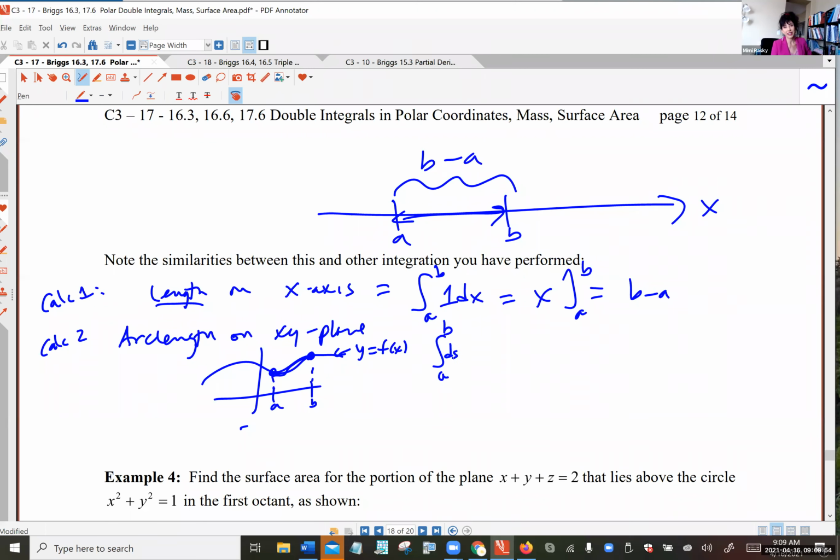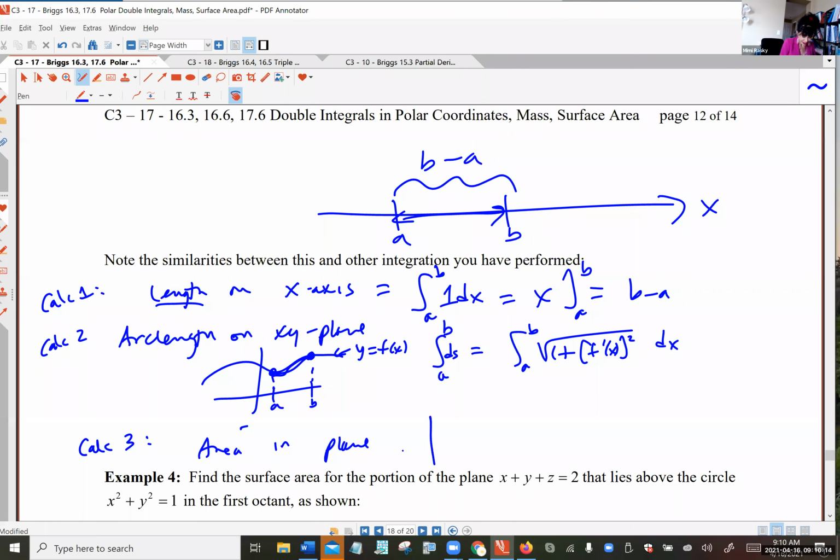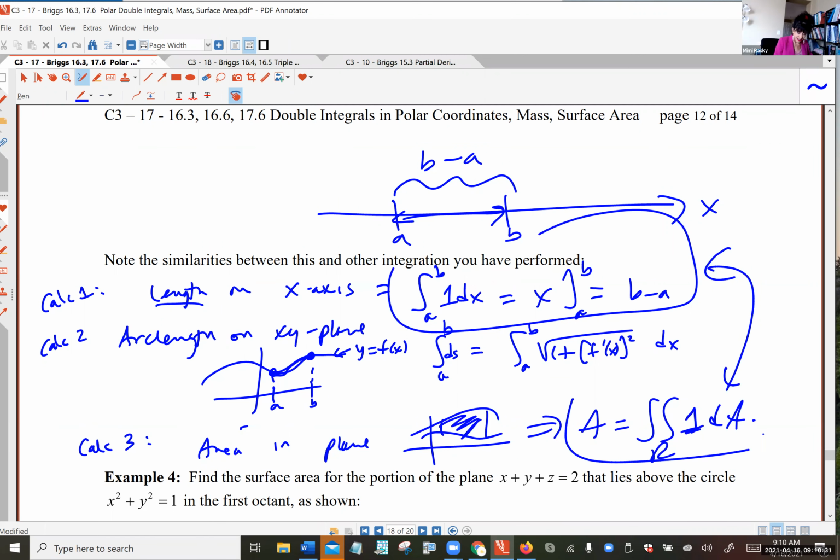dx. Now, in Calc 3, we learn that area in the plane of some region, let's say you had some region like this, you can represent that area with a double integral where the integrand is a 1. So I want you to notice this is sort of analogous to the length.